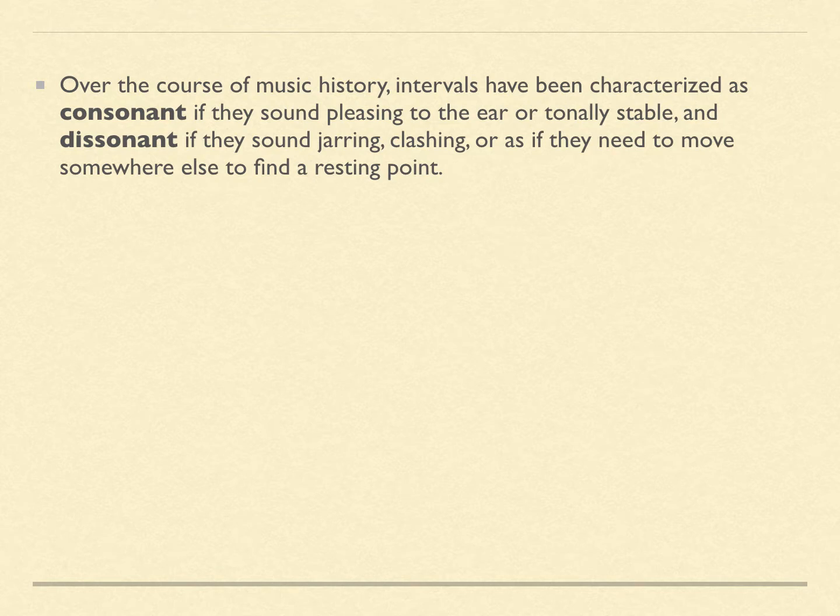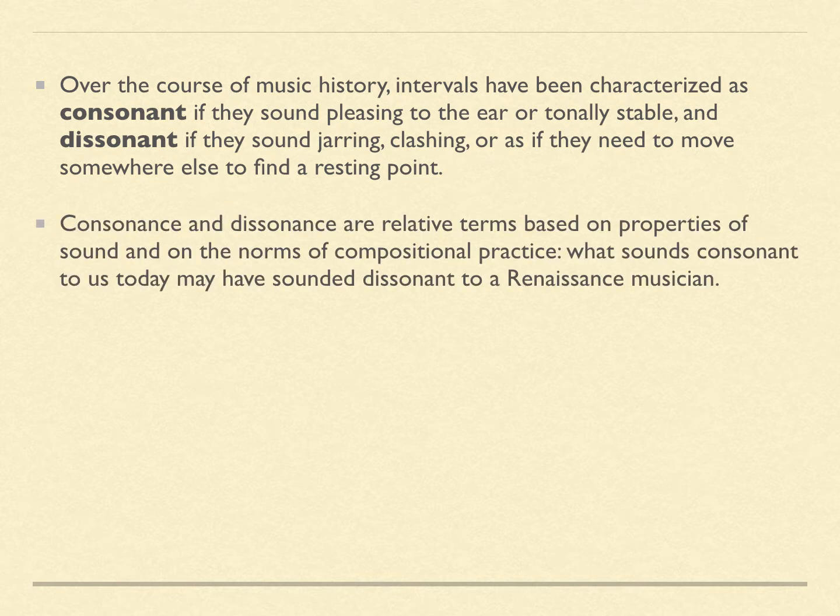Our sort of collective hearing of the idea of consonance versus dissonance has changed a fair amount over time, especially in Western harmony. But a good sort of general way to think about it is consonant will sound nice together, dissonant will sound kind of clashing together. Of course, these are relative terms.